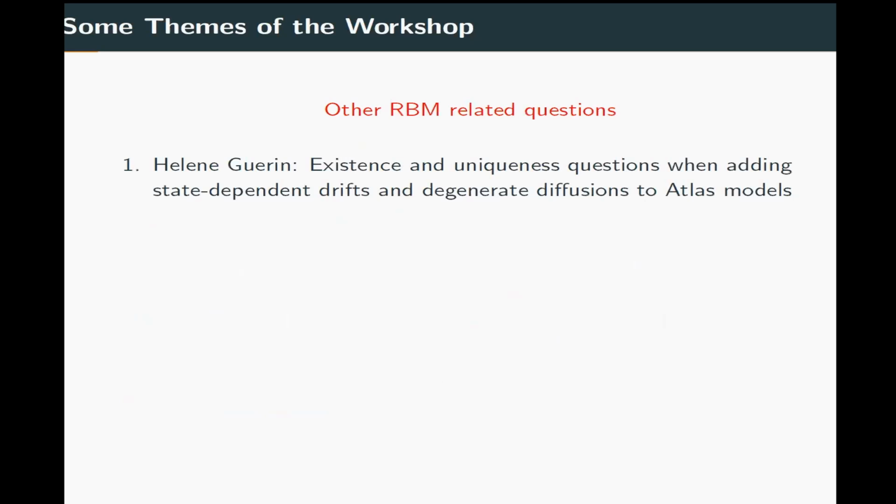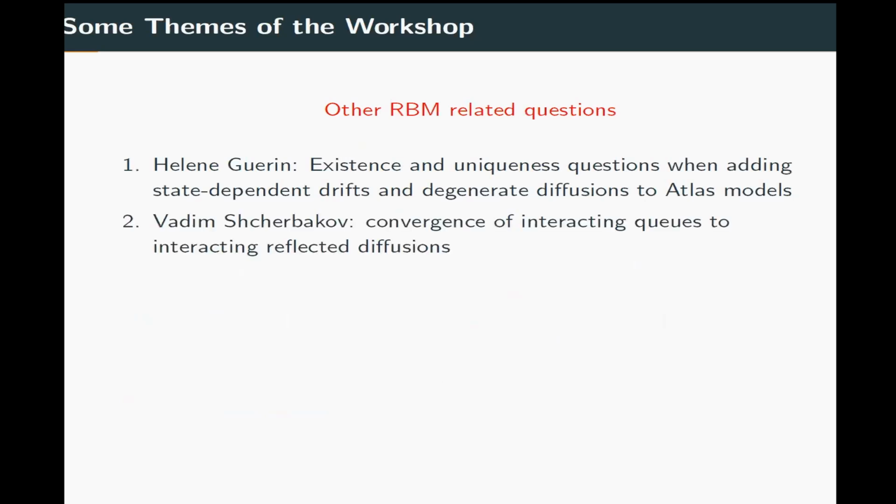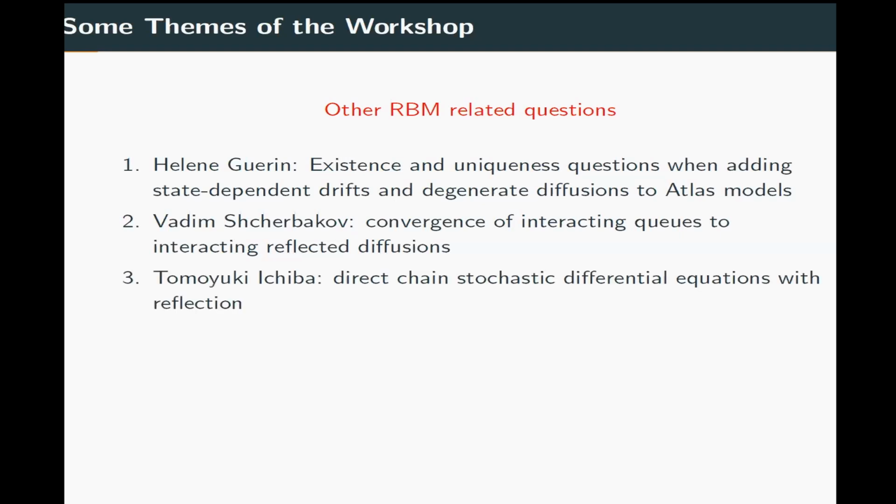And then the next thing, we had other RBM related questions. Hélène Guérin talked about existence and uniqueness questions when adding state dependent drifts and degenerate diffusions to Atlas models. Here the degeneracy was a big issue in terms of extending the theory. Then there were two talks on interacting reflected diffusions.